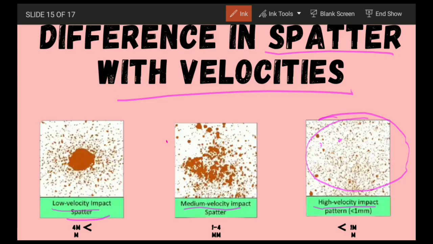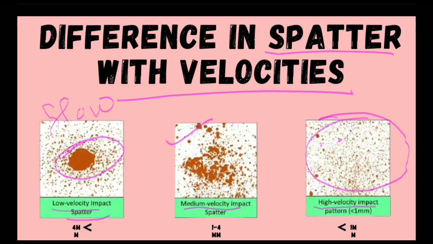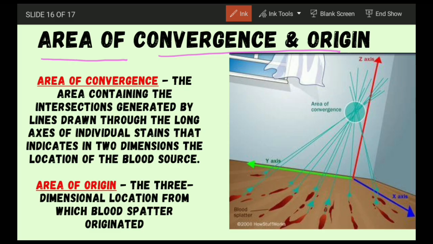Maybe the perpetrator was very aggressive, or there could be some other psychological reason behind it. However, we can only make a blind guess about what the aftermath would have been. Then here's the medium velocity, not very speedy, not quite slow. Then this is the slow one. So look at all those droplets and you can figure out the difference between all of them.